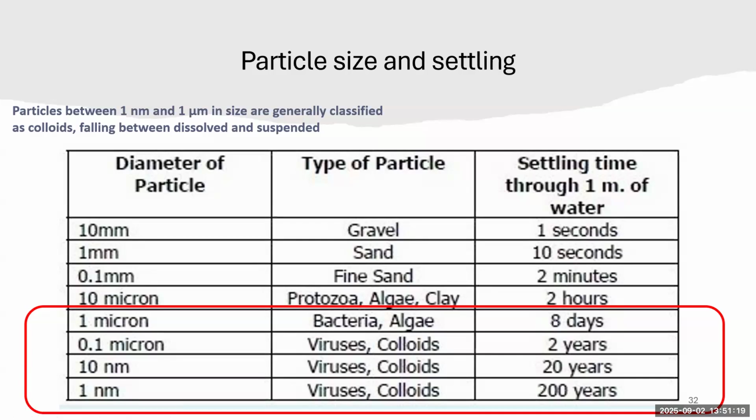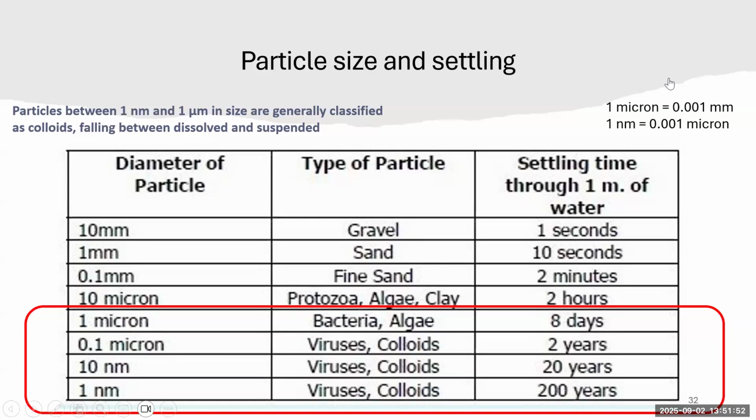When we do a suspended solids test, we filter it through a filter with a pore size around 1 micron, but it's considered to really only be reliable to filter solids that are 2 microns and greater, and everything else passes through the filter. So the only way to measure those small colloidal particles is by a dissolved solids test. These are so small they fall between the size of suspended and dissolved solids.